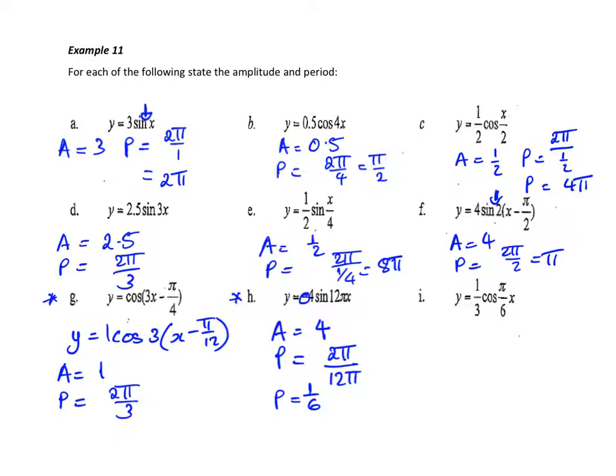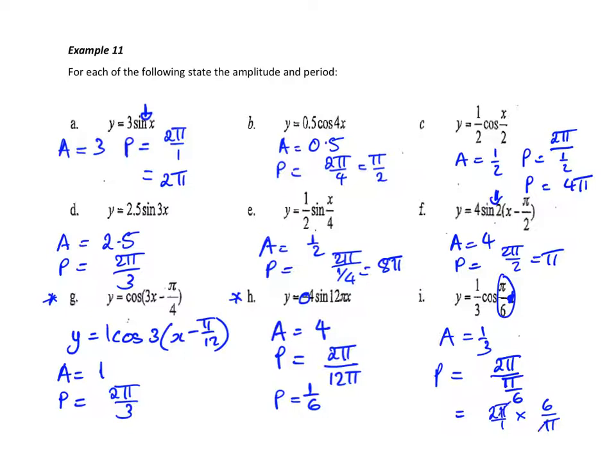Okay, we're nearly there. Here, your amplitude is 1/3. The period is equal to, again, 2 pi on n. What's my n value? It is pi on 6, not the x, just the pi on 6. So divided by pi on 6, which is the same thing as timesing by, if you like, 2 and 1 times by 6 on pi.